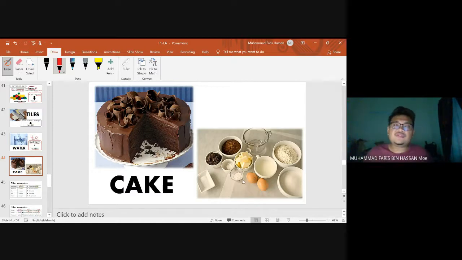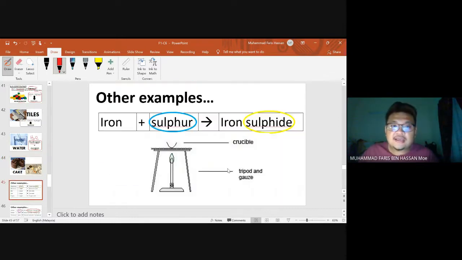But when we refer to a mixture, all the components can still be seen in the product, whereas in compounds, you can no longer see the original shape of the ingredients.